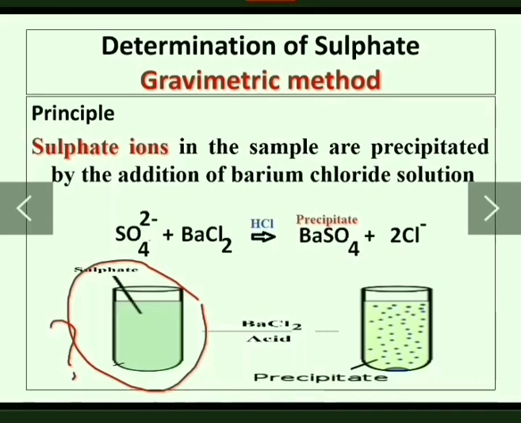To this water sample, we have to add barium chloride under acidic medium. When you add barium chloride under acidic medium, sulfate gets precipitated as barium sulfate. That precipitate has to be weighed.